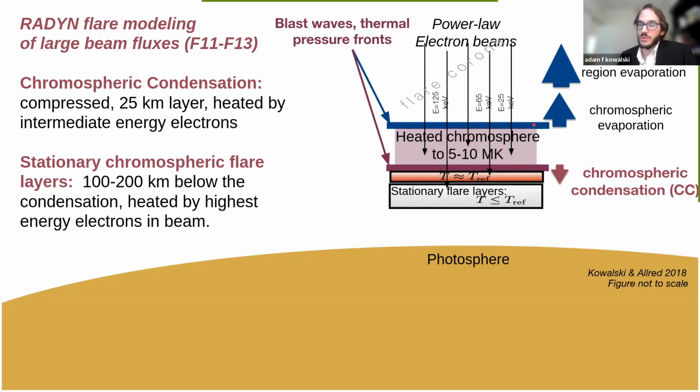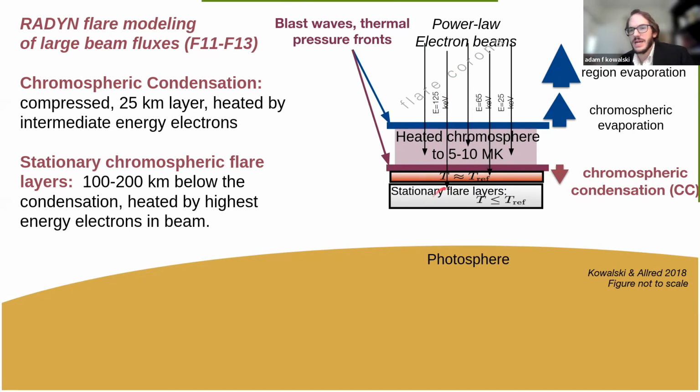As a result, you have mass motion up into the loops, and you have mass motion down, the lower chromosphere being compressed into this chromospheric condensation. All the while, the electron beams are supplying energy to the condensation and also to the layers below the condensation. These layers are being swept up by the condensation. They don't have any significant velocities, and so we refer to them as stationary flare layers.